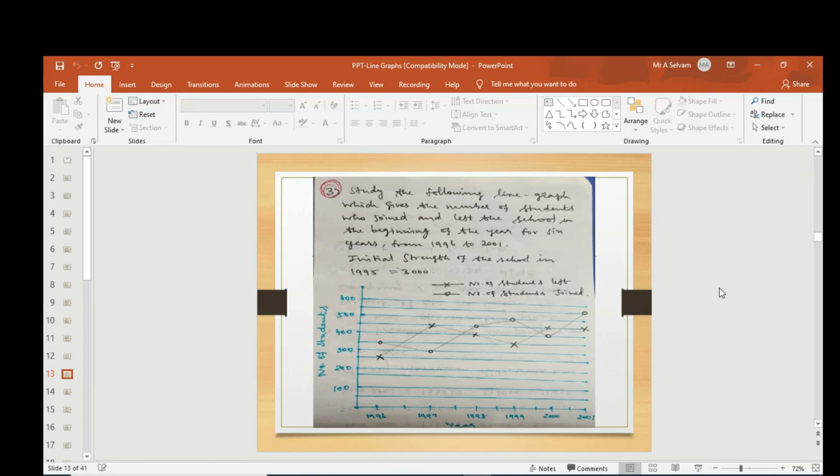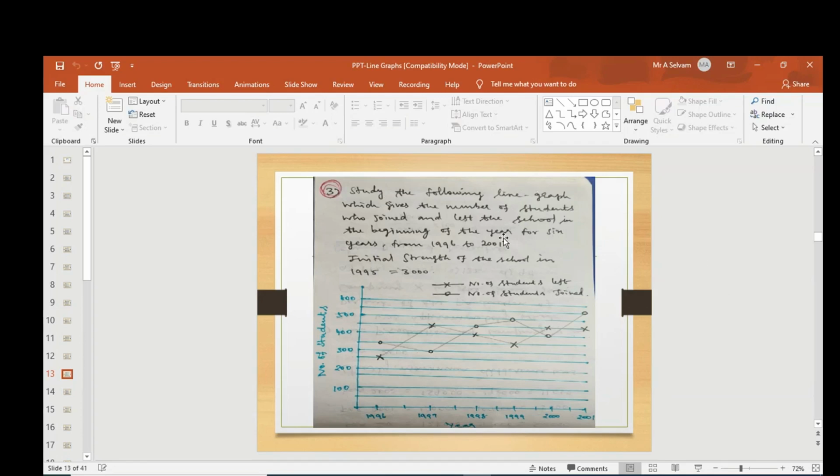This problem is based on an institution, particularly a school, during the years. How many students are joining and how many students are leaving, that is what we have to consider. Look at the question.